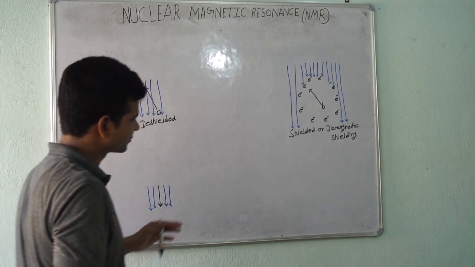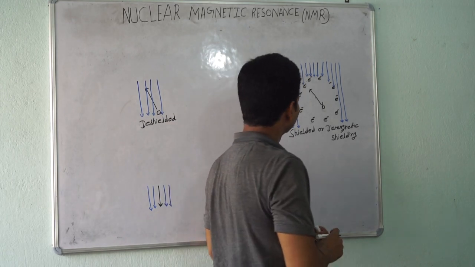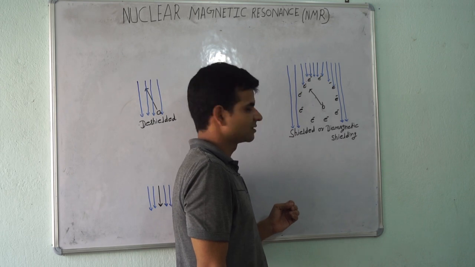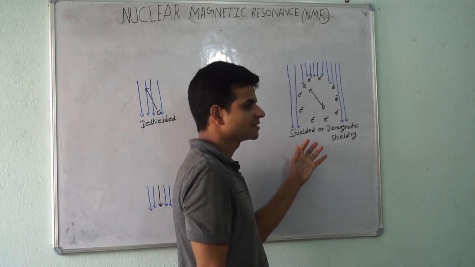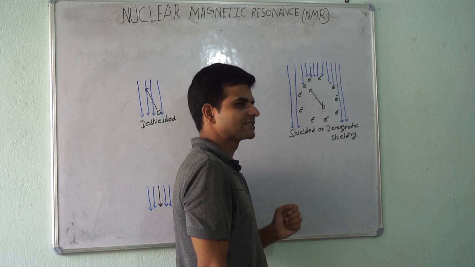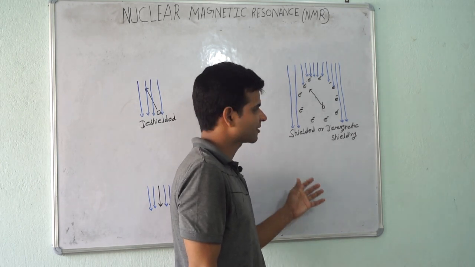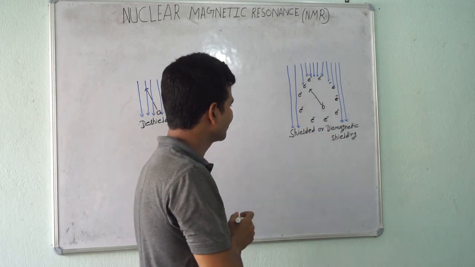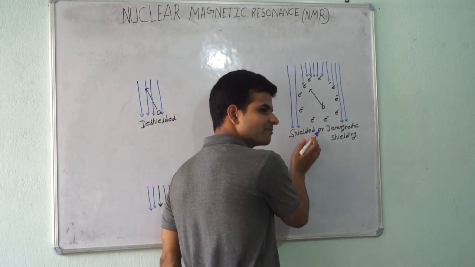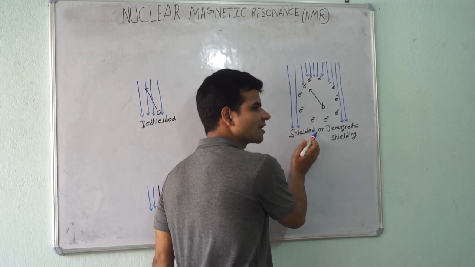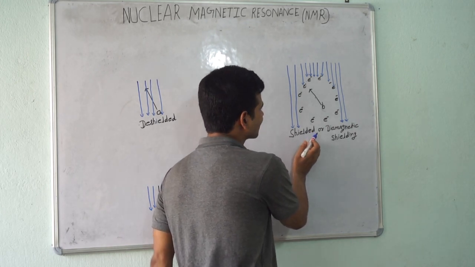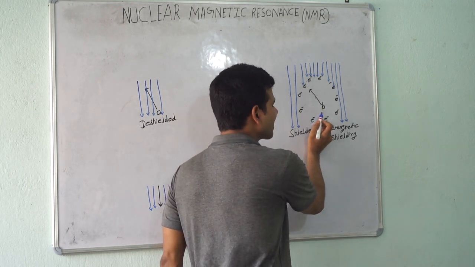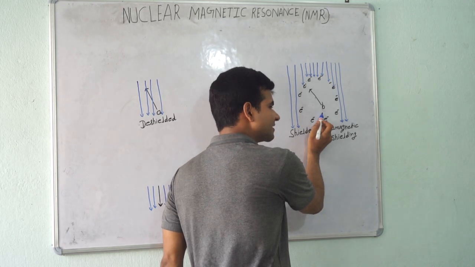But this hydrogen atom is surrounded by many electrons, and therefore it is in shielded form, and shielding minimizes the effect of the external applied magnetic field. Again I am repeating, shielding minimizes the effect of the external applied magnetic field, therefore the direction of this hydrogen atom will remain the same.